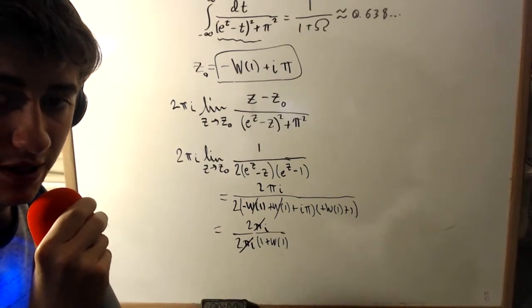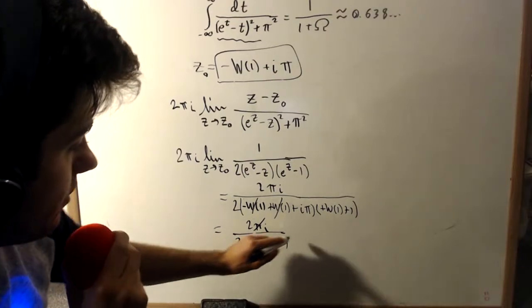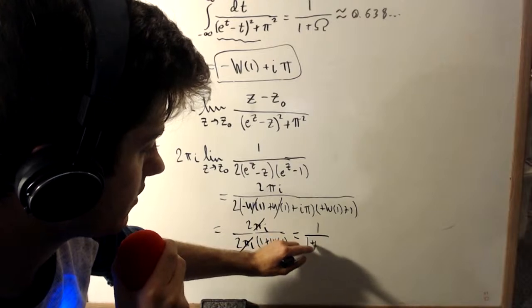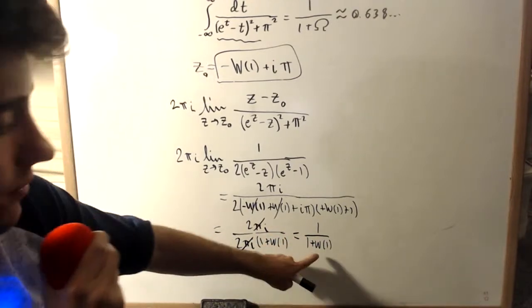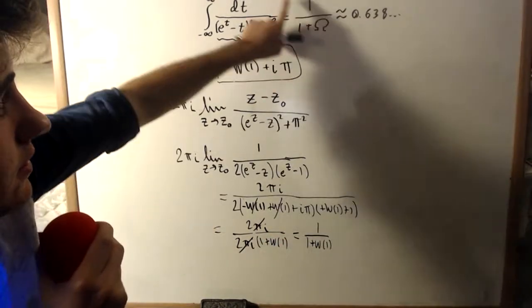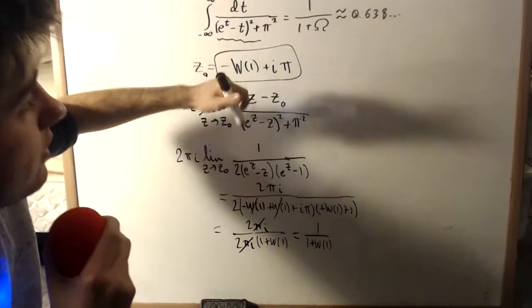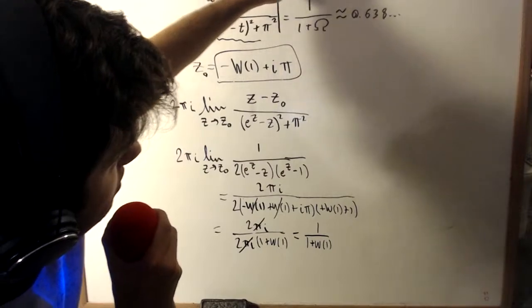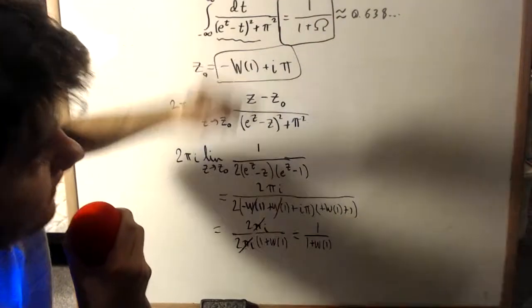Because then we're left with 1 over 1 plus W of 1. And W of 1 is the omega constant. So that, in a sort of rough sense, proves that this integral must be true.